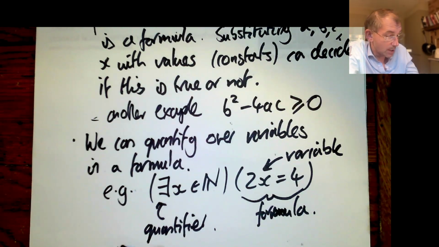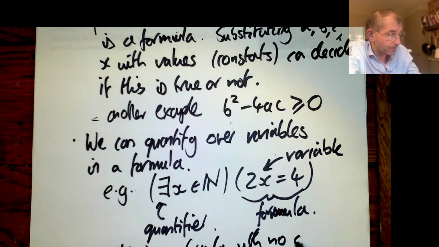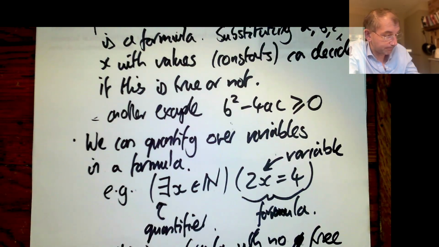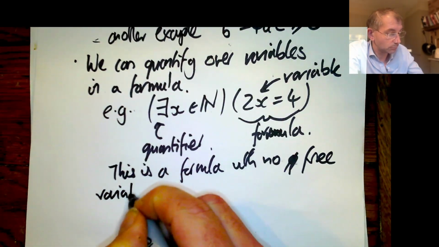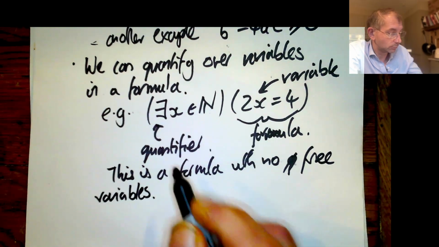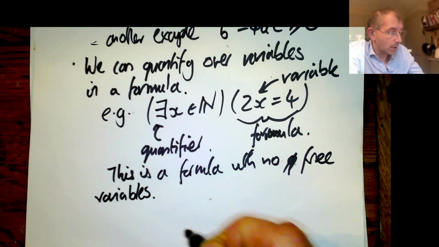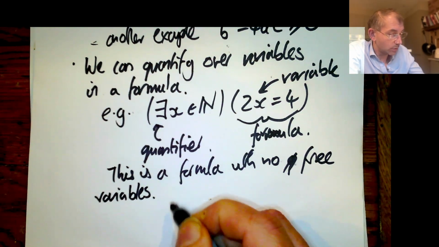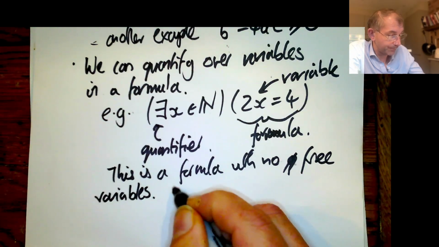So this is a formula with no free variables, and then it's called a sentence.